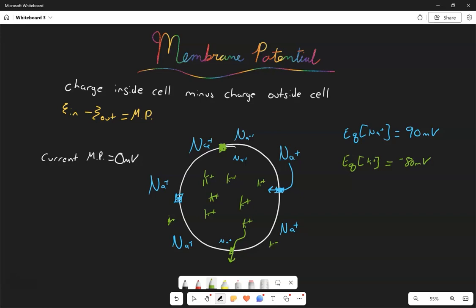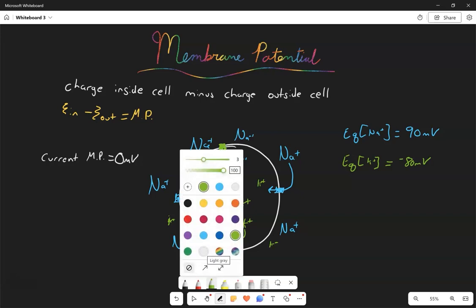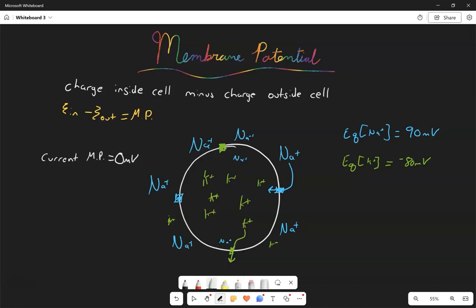As these ions move, sodium will want to bring the membrane potential up to 90, and potassium will want to bring the membrane potential down to negative 80. So the question is, who wins? Where does the membrane potential settle? Well, as these ions flux, they're going to reach a point where the membrane potential will eventually fall in between them.